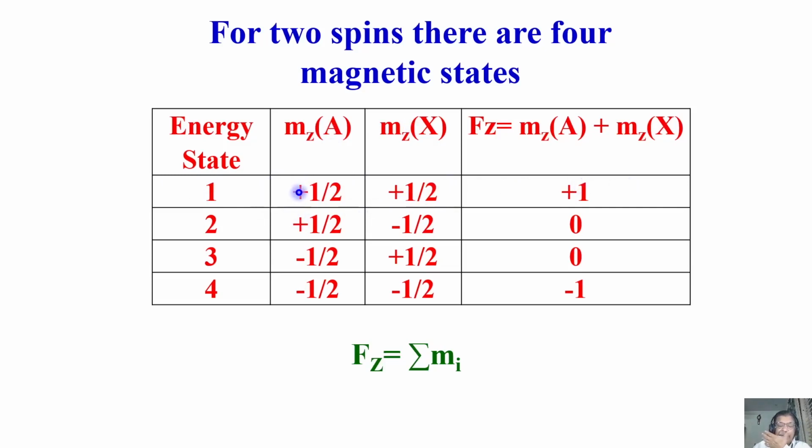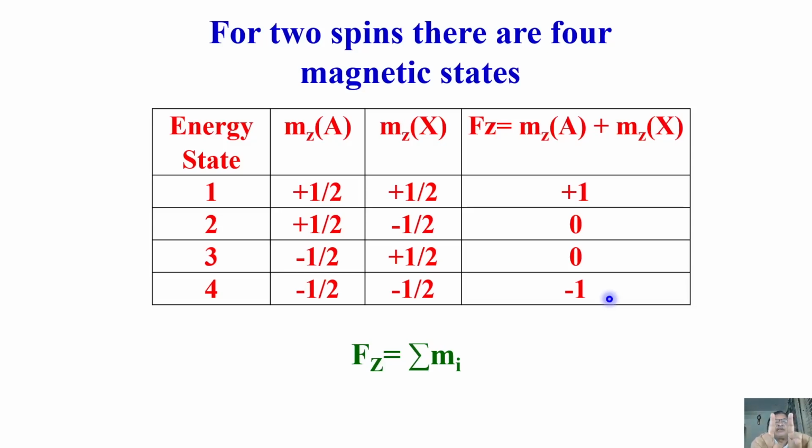For the state where two spins are in alpha state, it is +1, alpha beta it is 0, beta alpha it is 0 because minus half and plus half, and for beta beta energy state it is -1. Remember, I don't have to go into the details, I discussed this earlier.